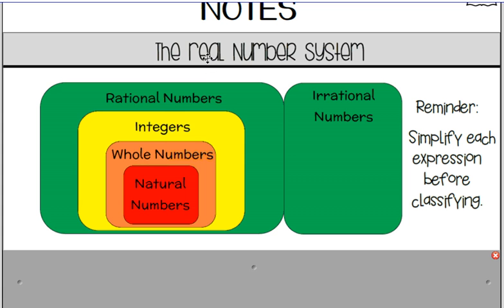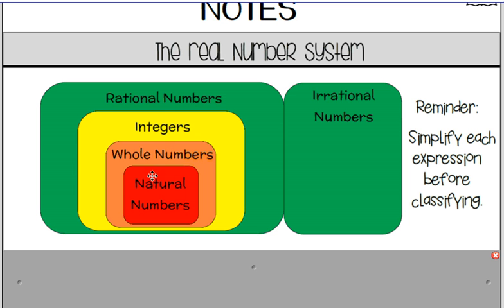However, if a number is real and it's rational, it may also fit into some other subsets or in some other categories. So if it's rational, it may also be an integer, which may also be a whole number, and it may then be a natural number.